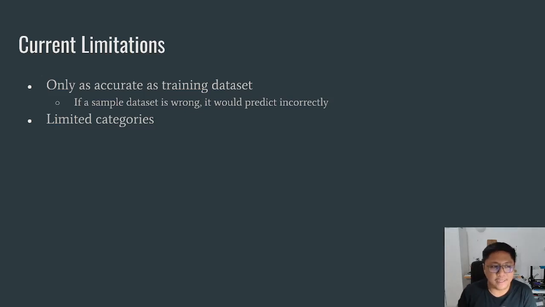Aside from that, another current limitation is the categories. You would notice that with the percentages, it can only detect 10 different categories, so UPX and so on and so forth. And aside from these, it would just be others. And this is a limitation of the hardware that I have access to.